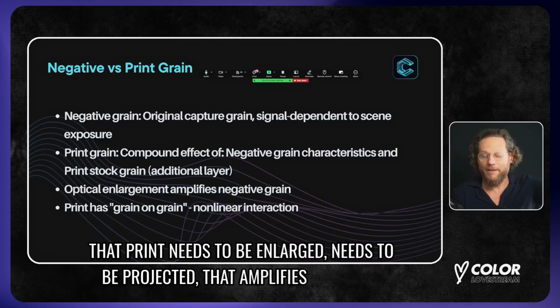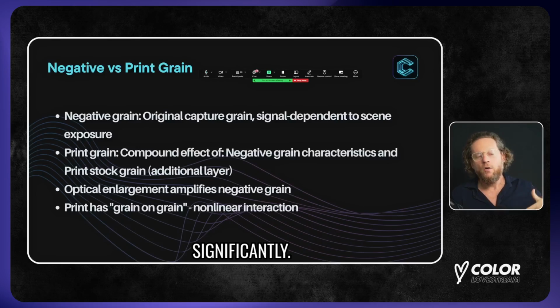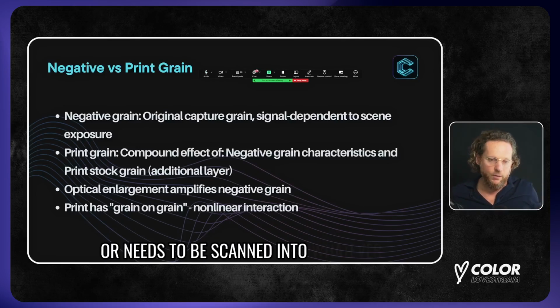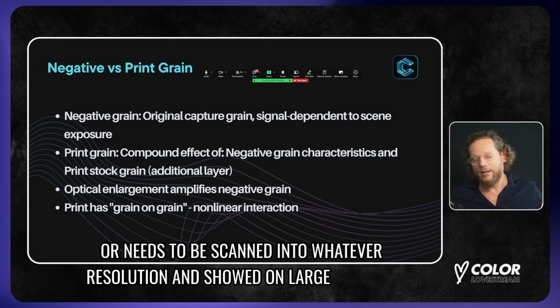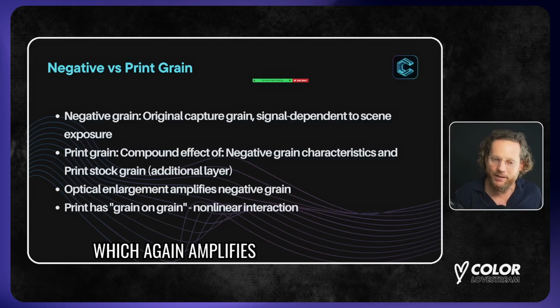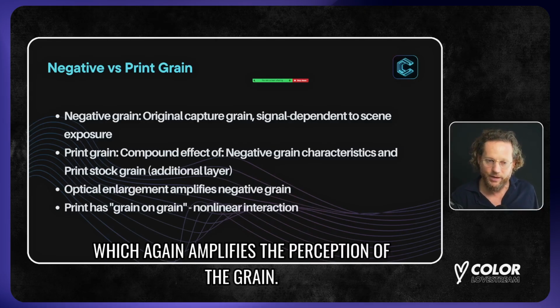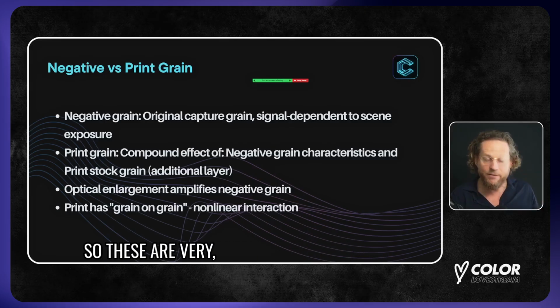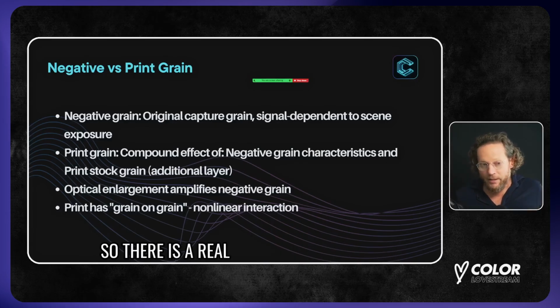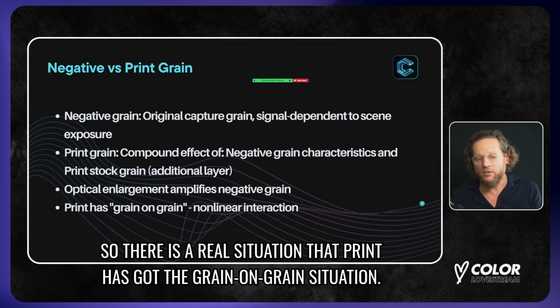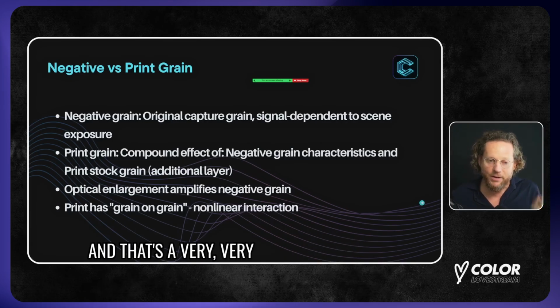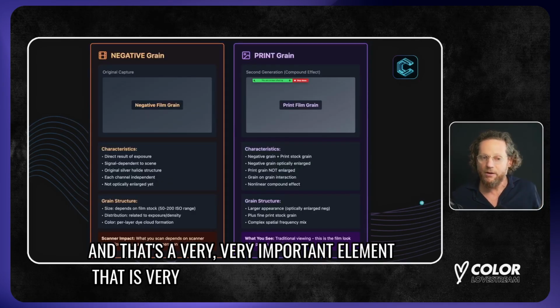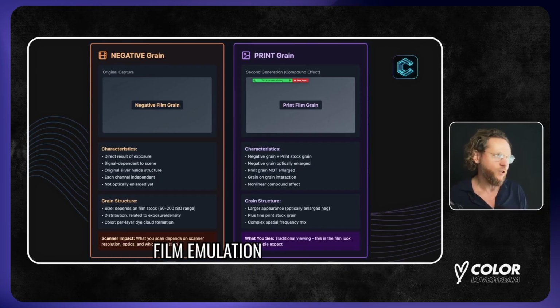That amplifies the grain significantly, or it needs to be scanned into whatever resolution and shown on a large screen, which again amplifies the perception of the grain. So these are very important factors. Print has a real grain-on-grain situation, and that's a very important element that is very often completely ignored in the film emulation process.